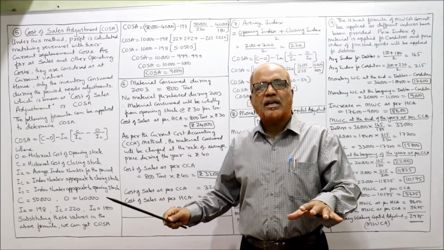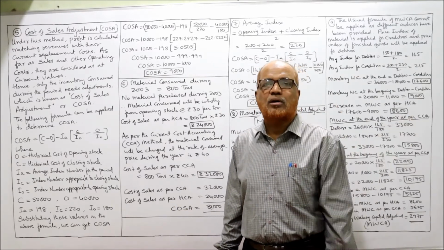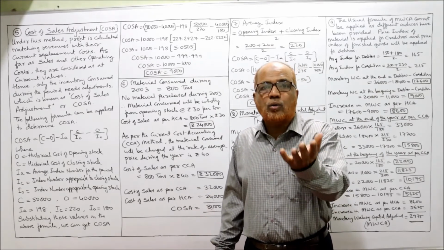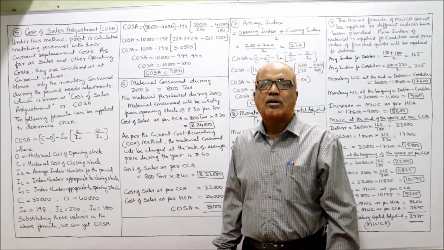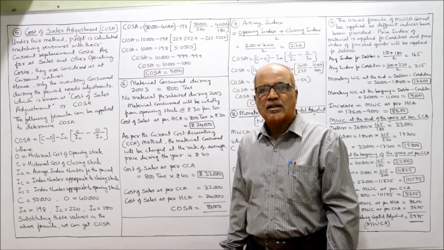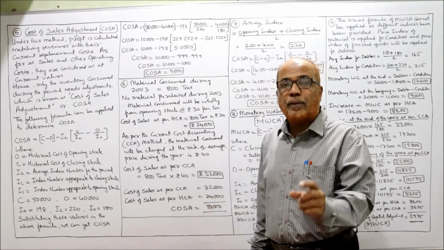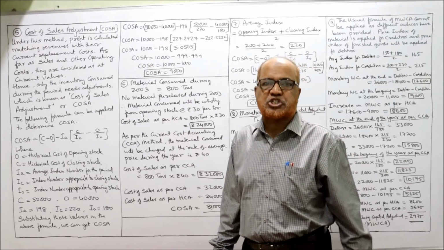That means opening stock we were having 1,000 tons. Out of 1,000 tons, 800 tons were consumed, and this 800 is coming from the opening stock only. So what is the price of the material? 30 rupees. The opening stock of 1,000 tons is given at the rate of 30 rupees each.